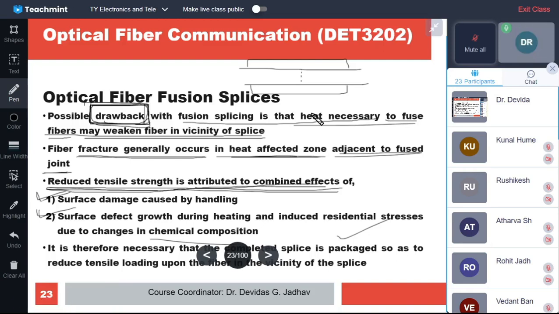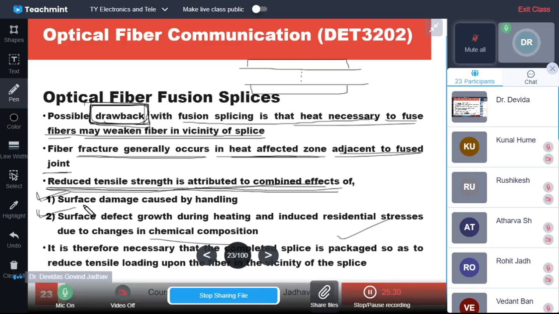Due to the surface damage caused by handling, the surface defect growth during the heating, and the residual stress due to the changes in the chemical composition in this area of the fiber joint, it is necessary to have the packaging so as to reduce the tensile loading upon the fiber in the vicinity of the splice.